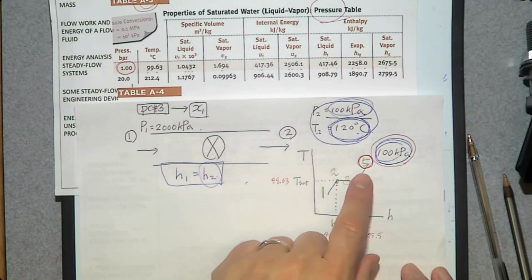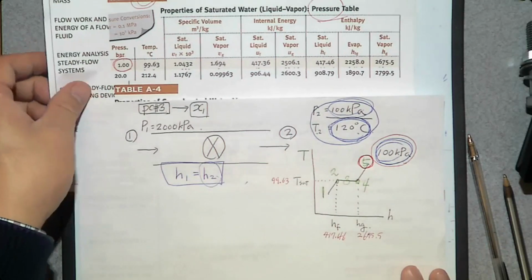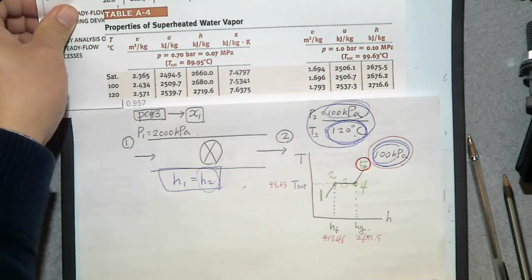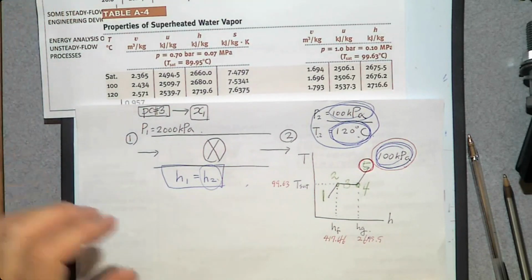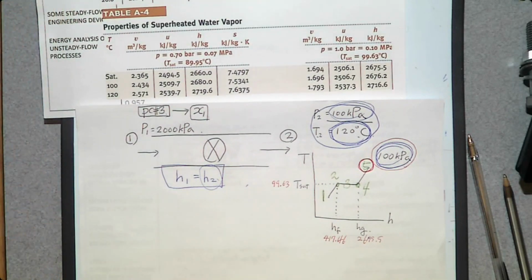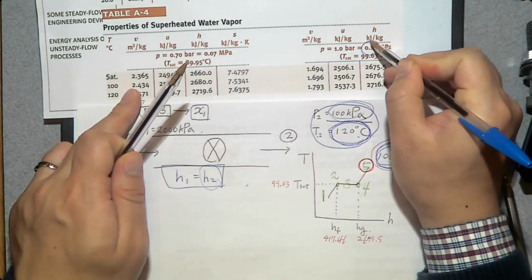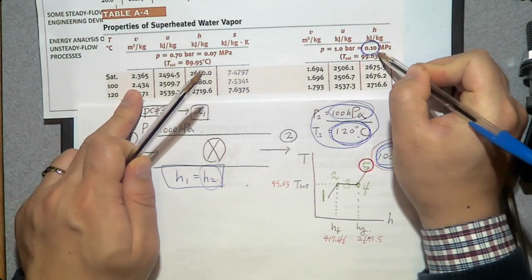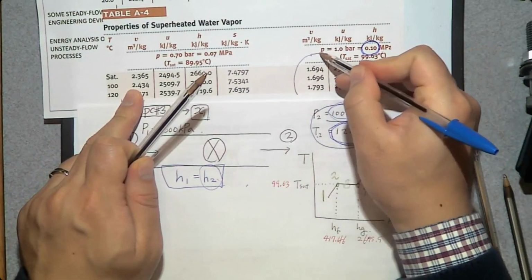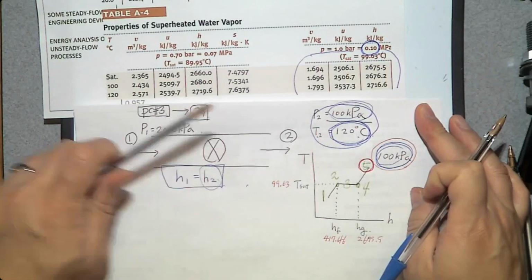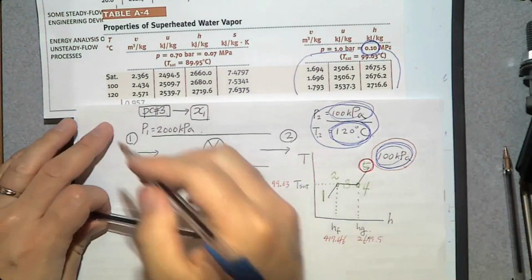Now, if you know it is superheated vapor, how can you determine its specific enthalpy? You can go to the superheated vapor table, table A4. Pressure is 100 kilopascal, which is 0.1 megapascal. So you can use any of the numbers in this table. And what is the temperature? 120. 120 is here.